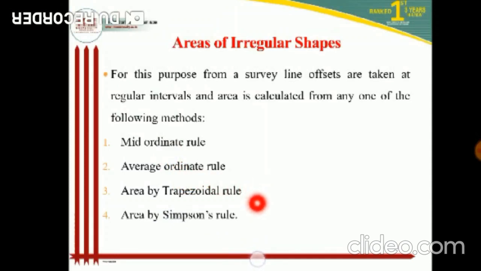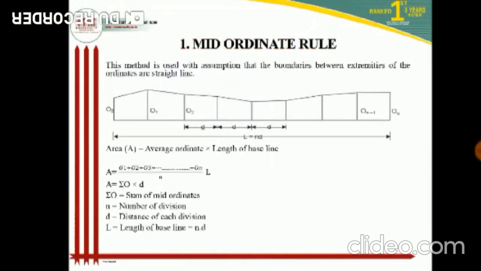It is also called Simpson one-third rule. First is mid-ordinate rule. This method is used with the assumption that the boundary between the extremities of the ordinates is a straight line, meaning the boundaries of the land are on a straight line.